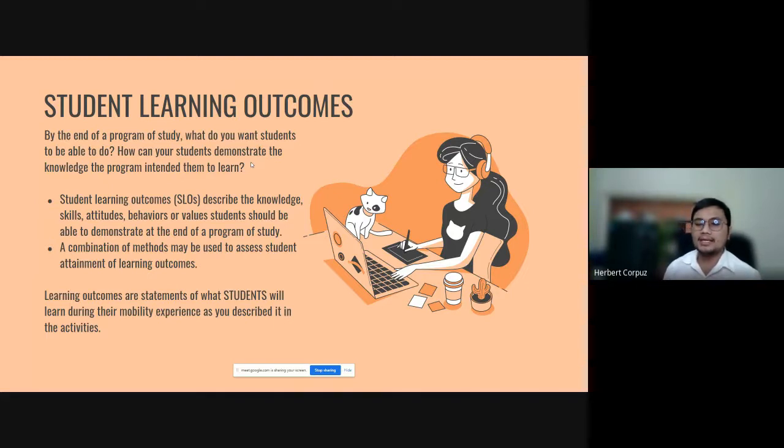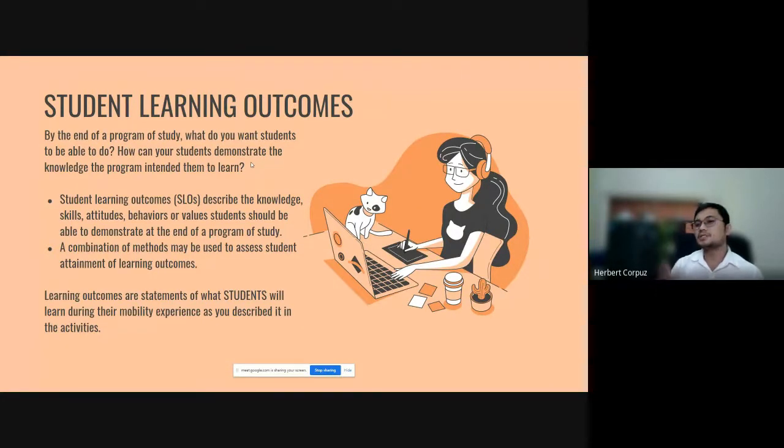What kind of skill do we expect our learners to demonstrate, to exemplify, to model? And how can our students demonstrate the knowledge the program intended them to learn?